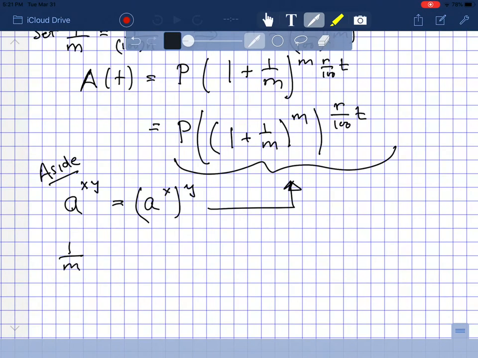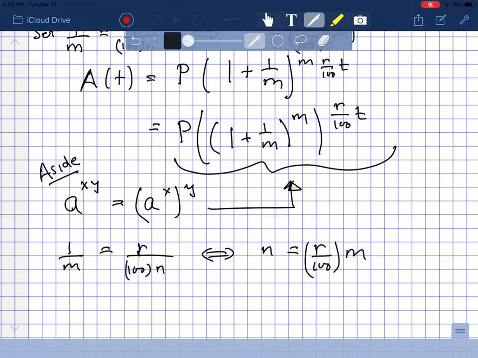Let me go back. We have 1 over m equal to r divided by 100 times n. That's how we defined our m. I can write this equivalently as n is equal to r over 100 times m. Now, the r over 100, that's a fixed number.